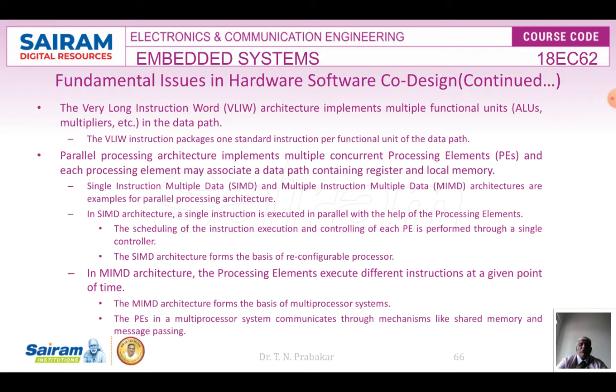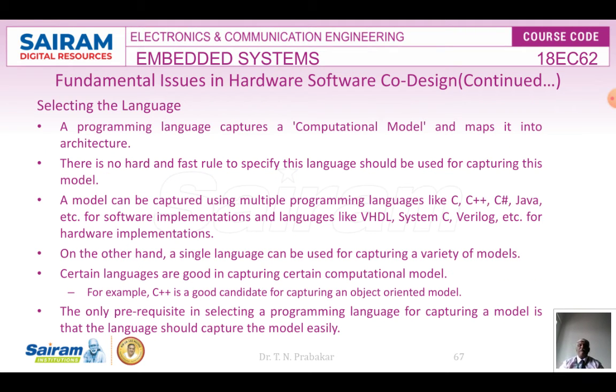So it's used in multiprocessor systems. The processing elements in a multiprocessor system communicate through a mechanism like shared memory, because whenever a larger number of processors are working simultaneously, the data sharing is very critical, right? The same data should not be overwritten by some other microcontroller. So each and every microcontroller may be given a separate memory location where it can store its own processing data.